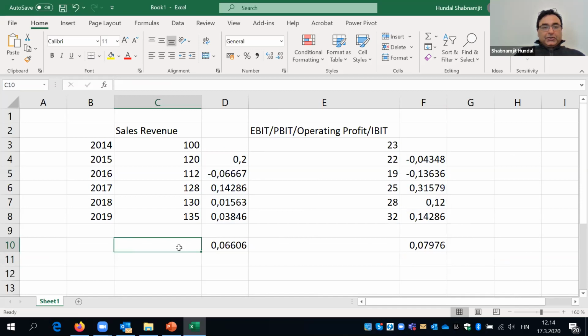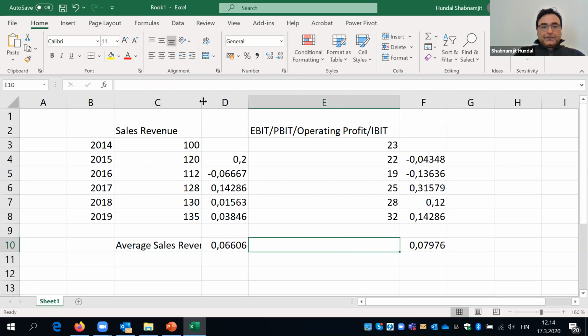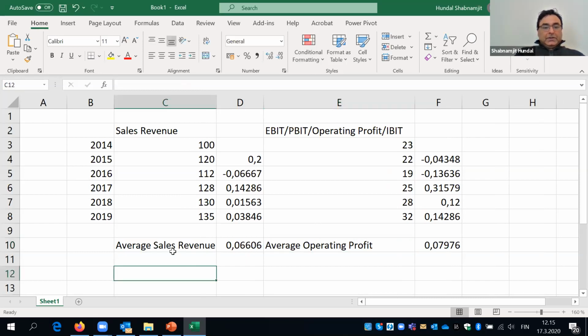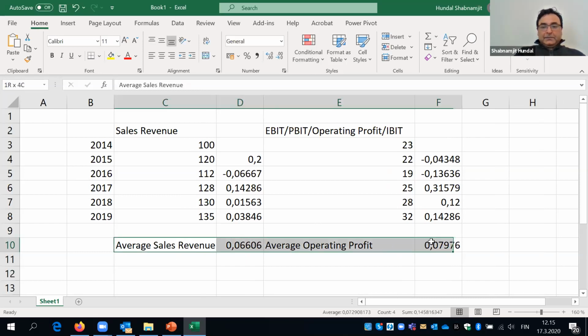These are the averages. This is the average sales revenue, and this is the average EBIT, or average operating profit. Okay, let's highlight them a bit more.